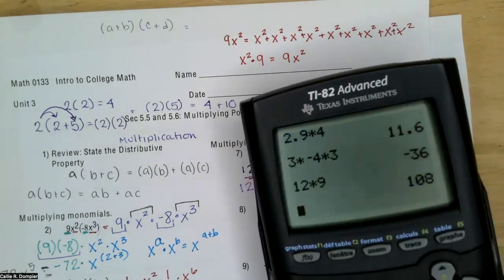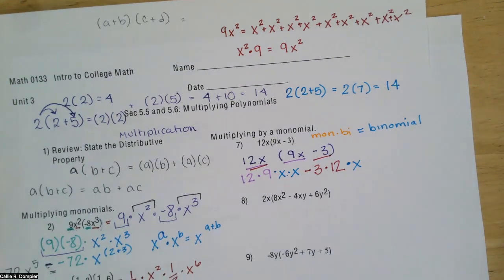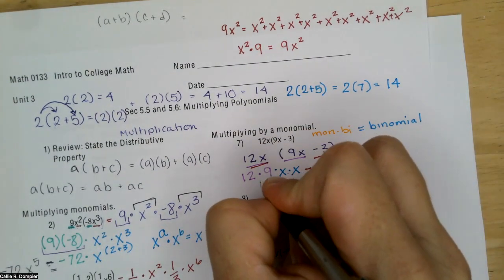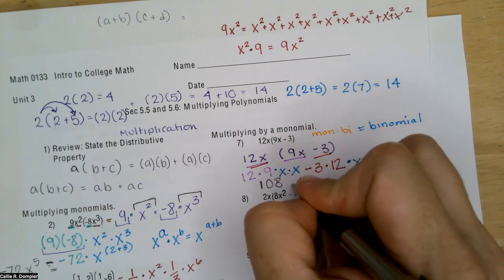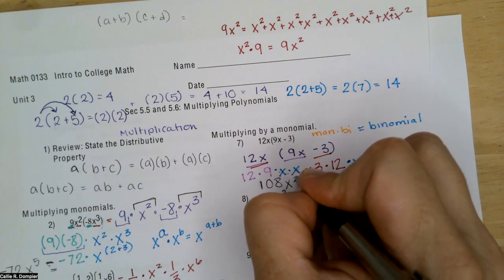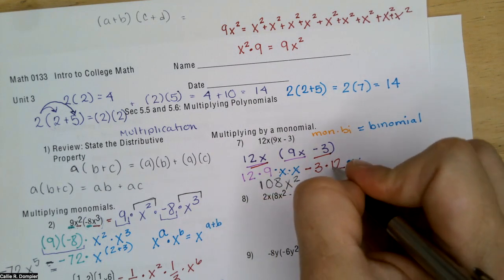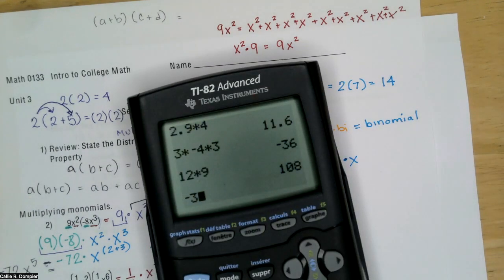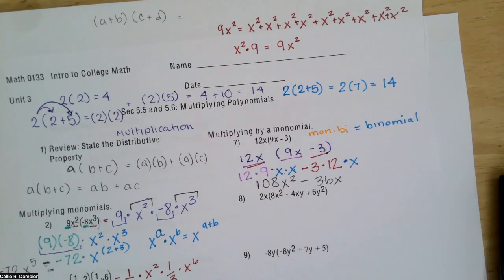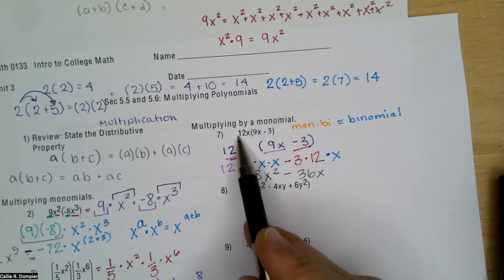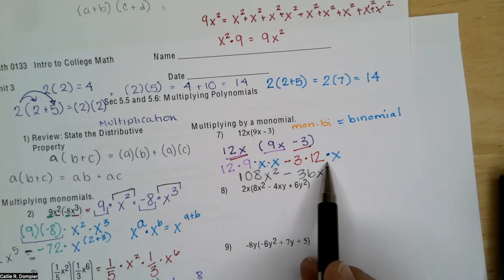So we said 12 times 9 is 108. 108. And then x times x is x squared. Negative 3 times a positive 12. Negative 36 times x. Okay. Monomial times a binomial is going to leave me with a binomial.